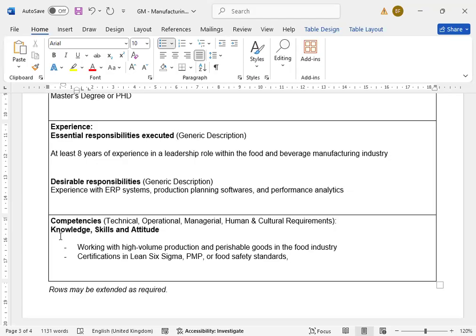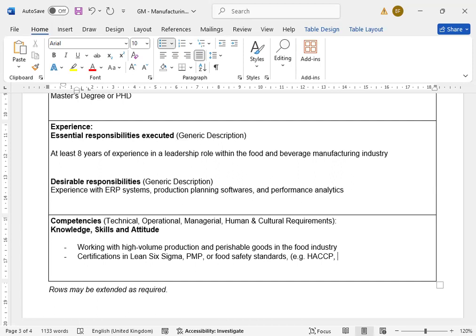Again, I'm gonna specify here the sample. For example, HACCP. HACCP is very important in food manufacturing because this is the Hazard Analysis Critical Control Point. Very important.